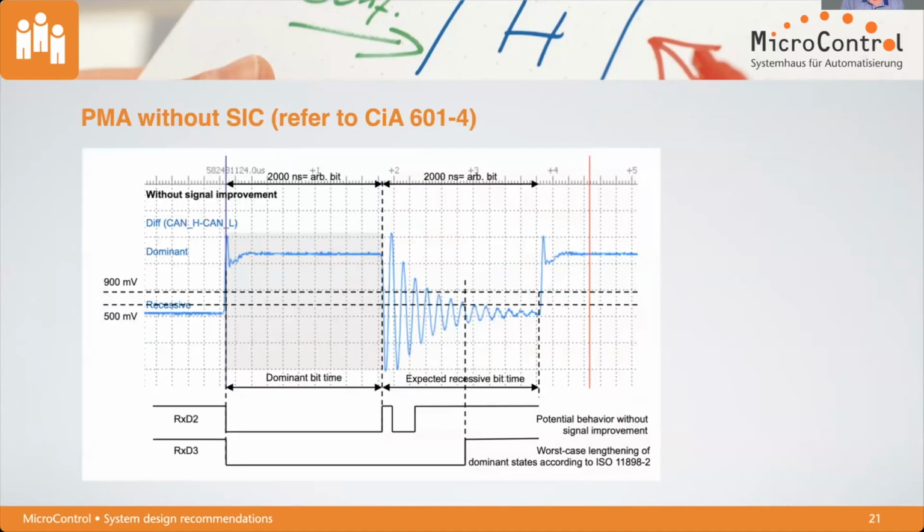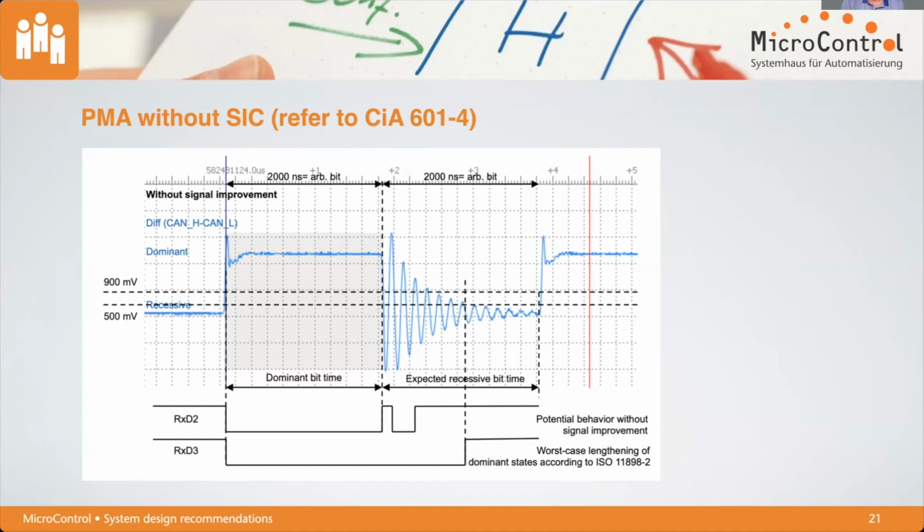Now, if you're running with high bit rates, and if you have, let's say, a topology which is not so nice, that might lead to ringing on the bus. And this ringing on the bus is depicted here, in a picture taken from the CiA specification 601-4.